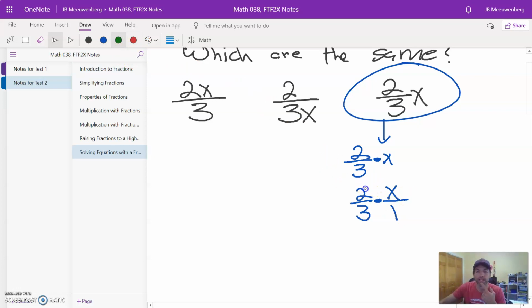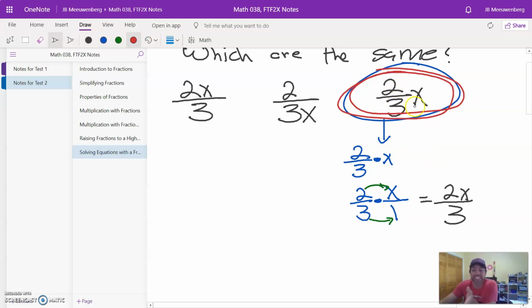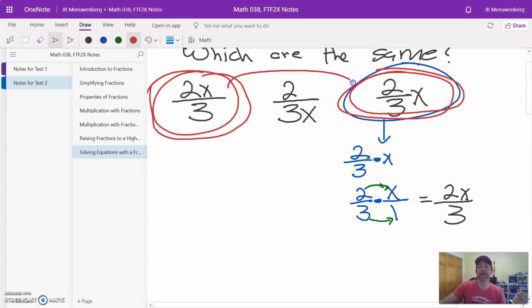So we would multiply this times this and this times this, which equals 2x on top over 3. So what does that tell us? It tells us that 2/3 x, where the x is off to the side, and 2x over 3 have the same value. These are equivalent.